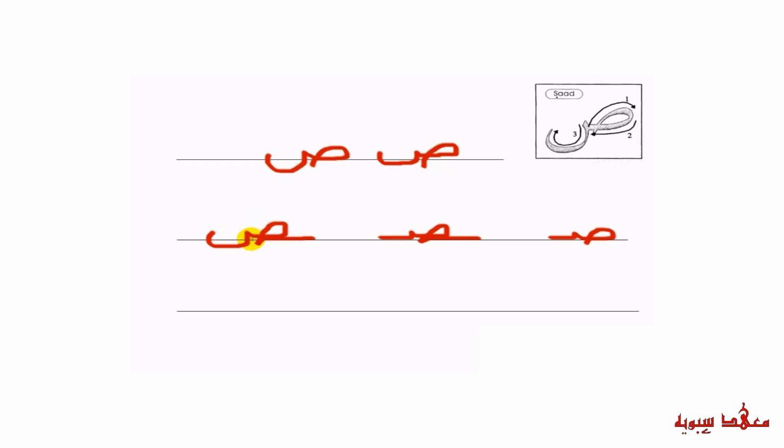So that's how it's done. Now writing three Swaads as if they were in the same word is as follows. So it's the letters joined together.